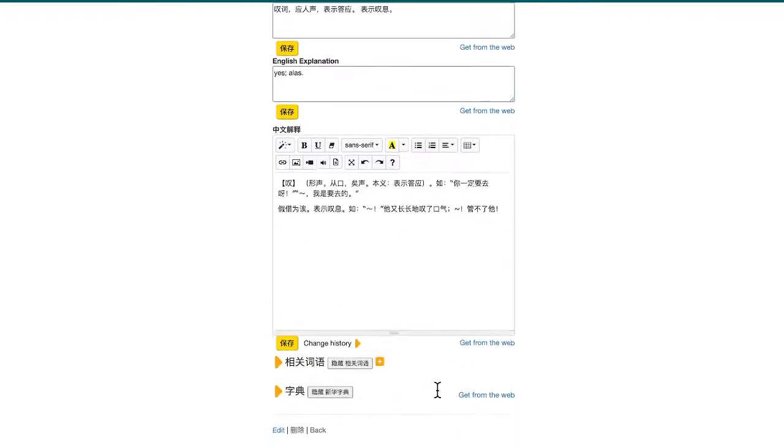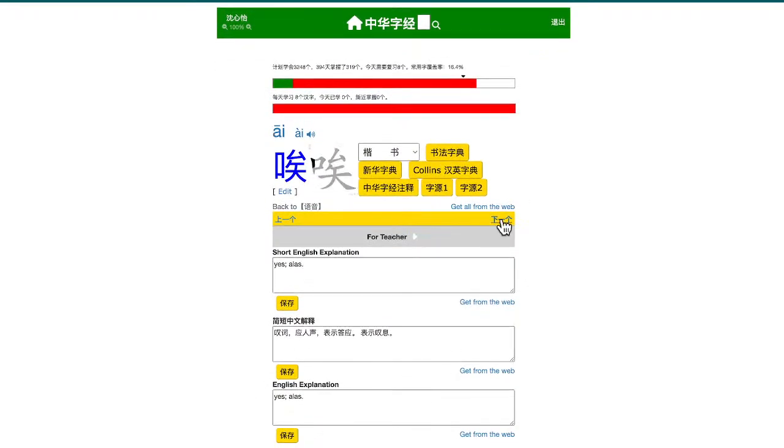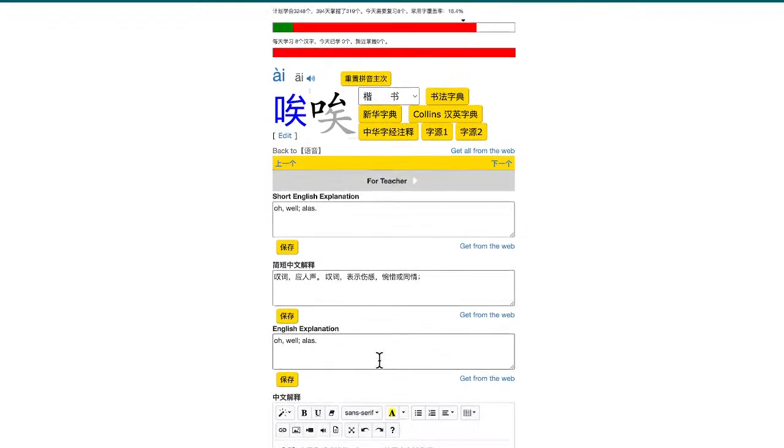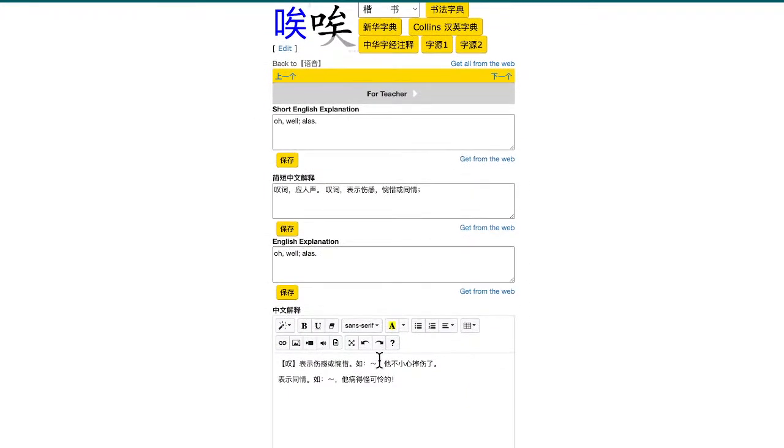A second pronunciation is āi, which is more emphasized on sadness. It's like a heavy sigh, okay. So to express sadness, to express regret, to express sympathy, that kind of emotion, okay.